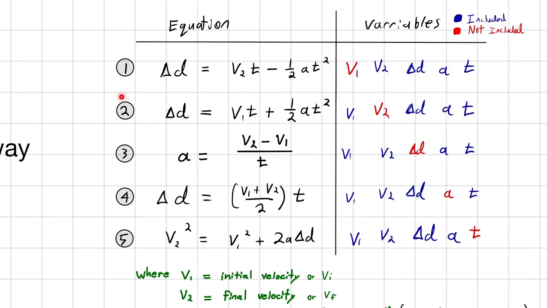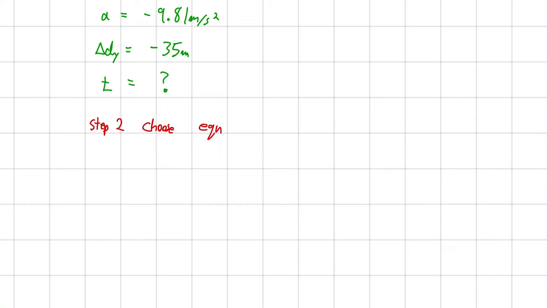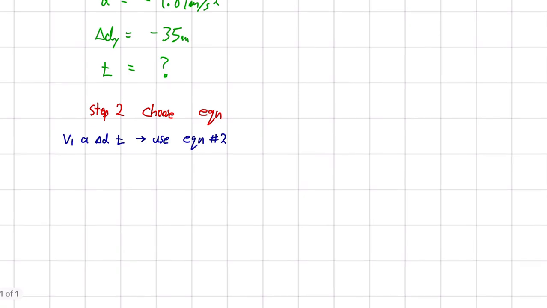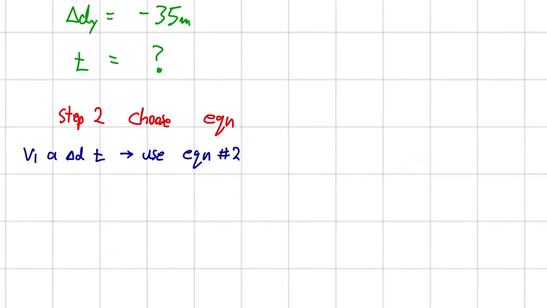So this is going to be equation 2, the one that we're going to use. Because we have v1, acceleration, delta d, and time, that tells us to use equation number 2. And this step should be straightforward from now after we've done so many examples with this.